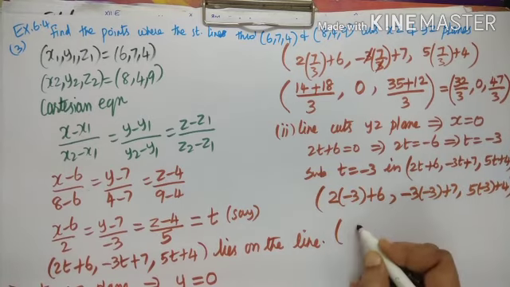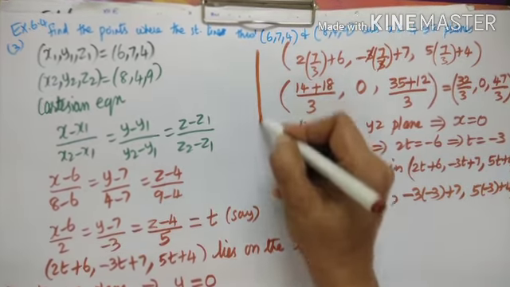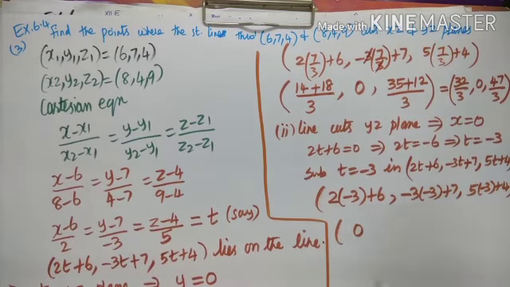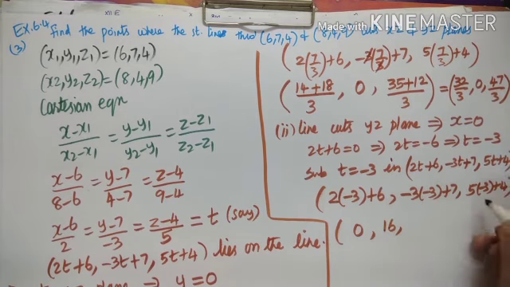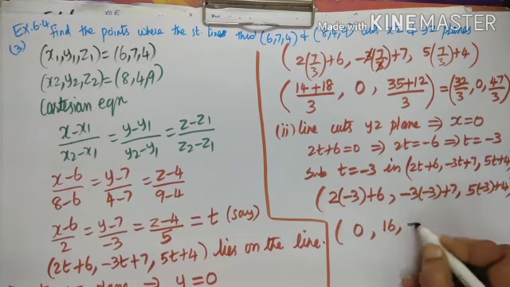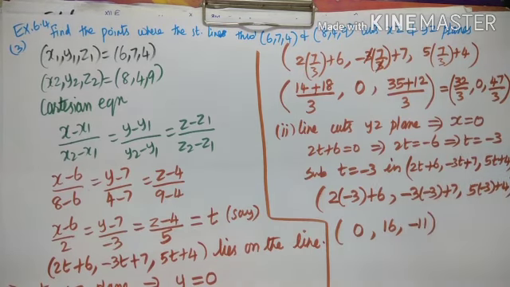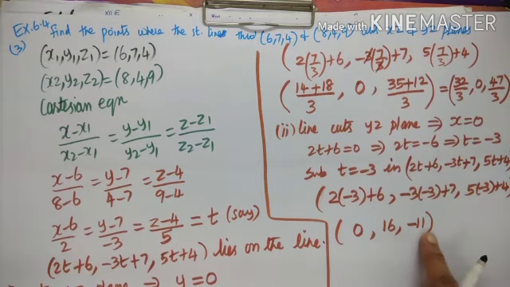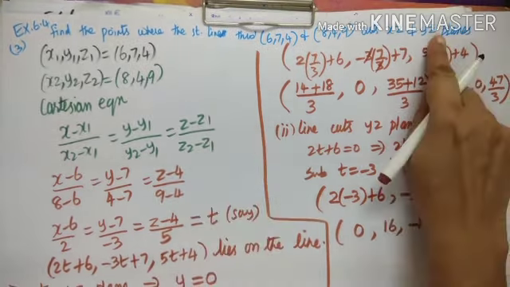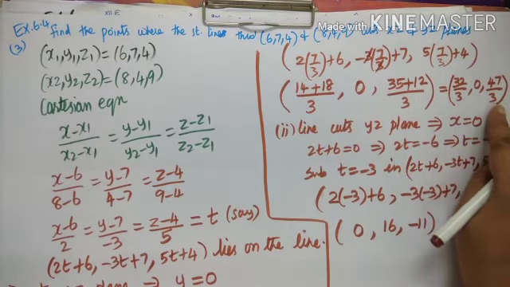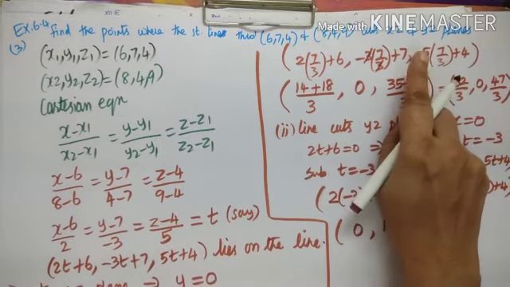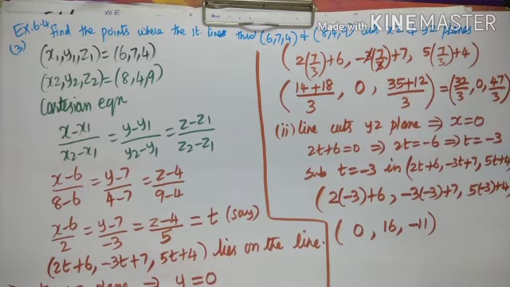As I simplify, this is 0, comma 9 plus 7 is 16, minus 15 plus 4 is minus 11. So we get the answer 0, 16, minus 11. The line cuts the YZ plane at 0, 16, minus 11 and the XZ plane at 32 by 3, 0, 47 by 3. Hence the problem is solved.